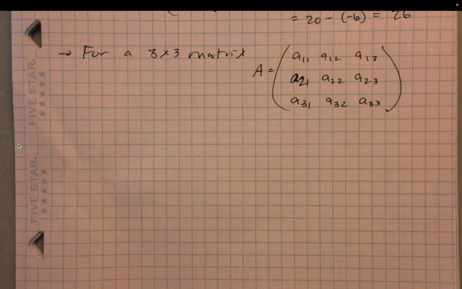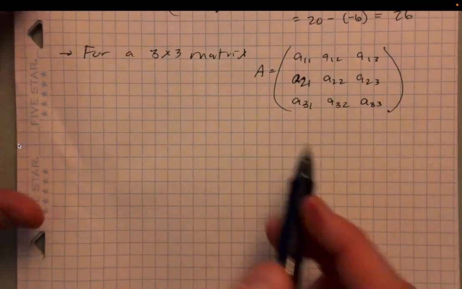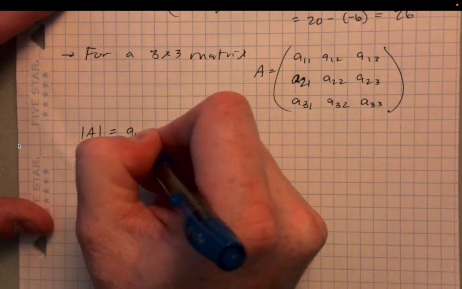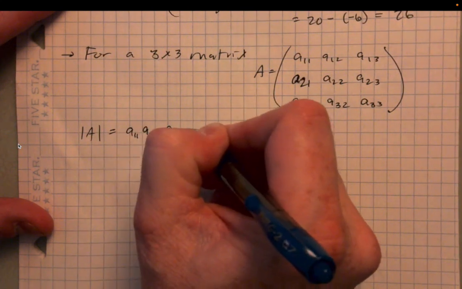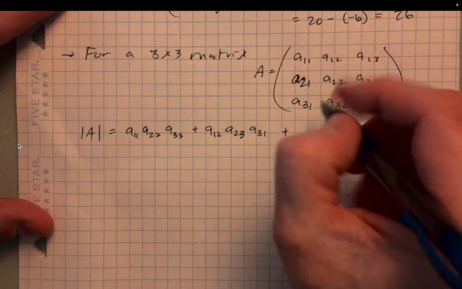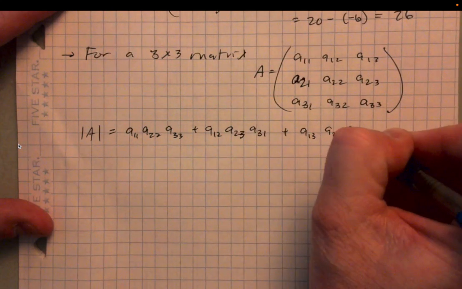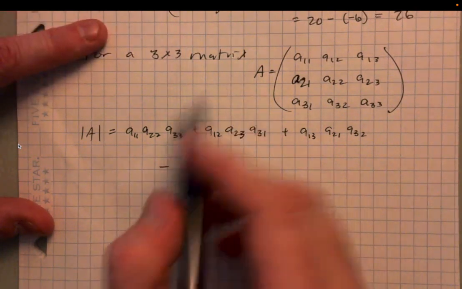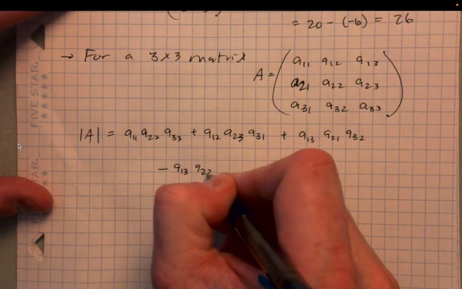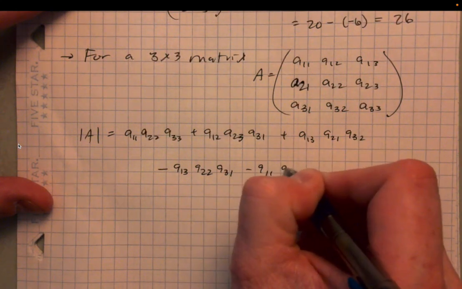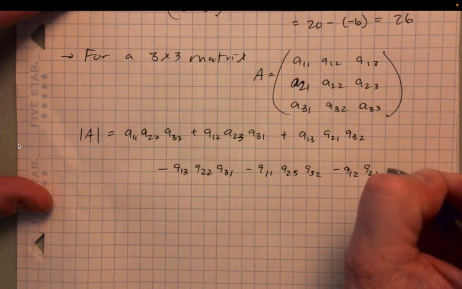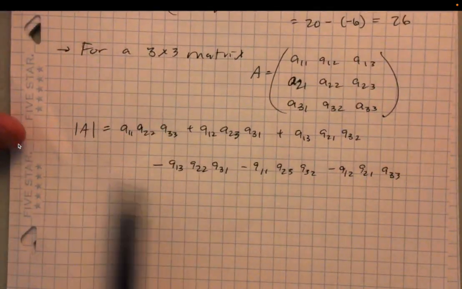Now we'll talk a little bit more about how to think about this, but this 3 by 3 matrix has a determinant of A11 A22 A33 plus A12 A23 A31 plus A13 A21 A32, and then minus, all right, I'm just laying it out, we'll talk about where this comes from in a second, A13 A22 A31 minus A11 A23 A32, and then finally minus A12 A21 A33, right? So this is the 3 by 3 determinant.